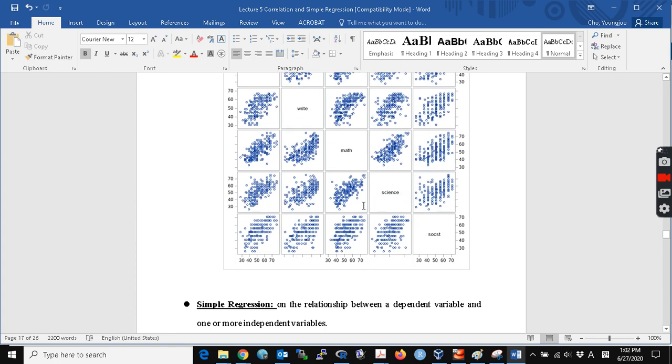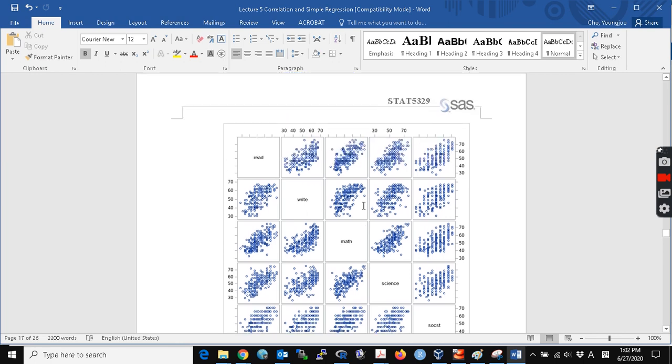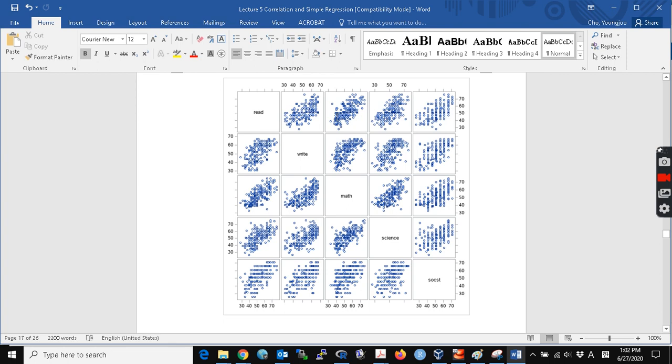Then you get a scatter plot matrix. This is a nice way to look at the scatter plots for all the variables, to see the linear relationship between all pairs of the variables.